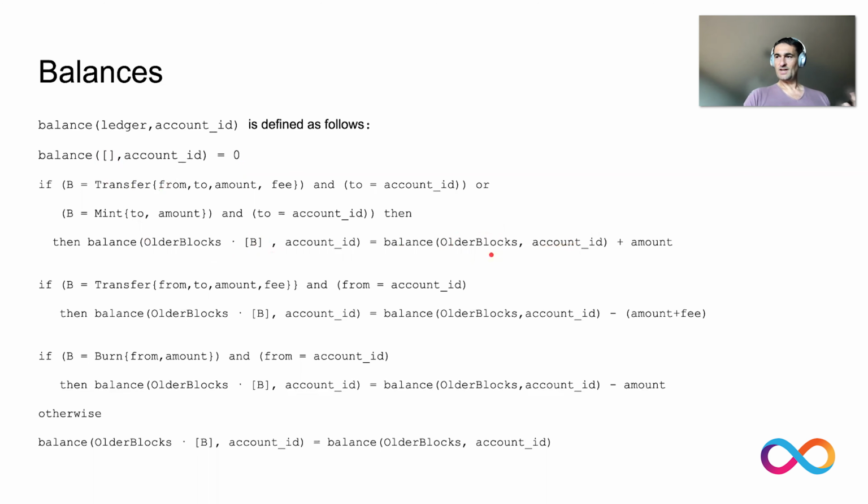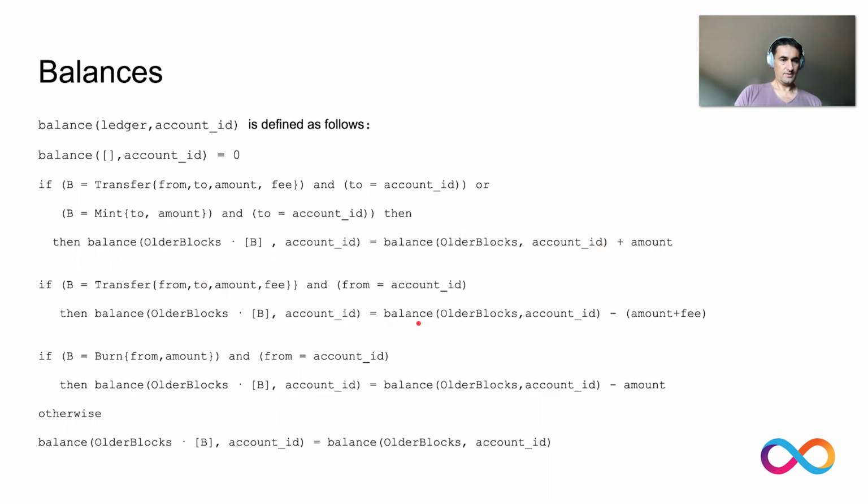And now, depending on what the last block is, we change the associated balance. So if the last block is either minting funds to the account ID or is transferring funds to the account ID, then the balance is whatever the balance was before the last block plus the amount that is minted to the account or transferred to the account.